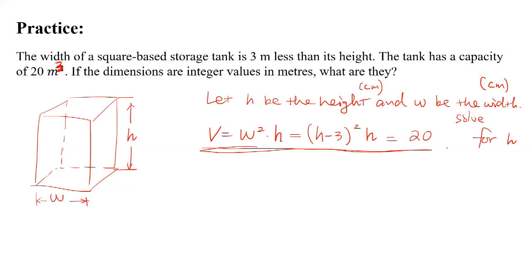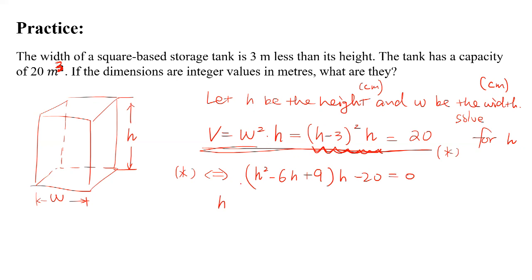Okay, so let's call this asterisk. So equation asterisk is equivalent to, let's expand the expression here, h squared minus 6h plus 9 times h minus 20 equals 0, right?